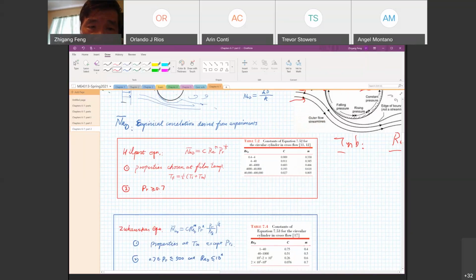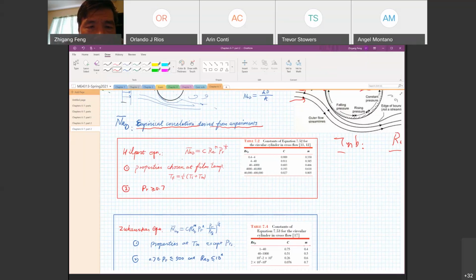All these correlations are based on experimental studies, so we usually call them empirical correlations, derived from experiment. Nowadays, with computational fluid mechanics, we can derive correlations from numerical simulation, but in the past they were mainly derived from experimental data sets.